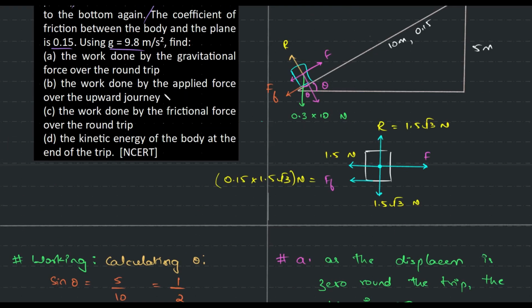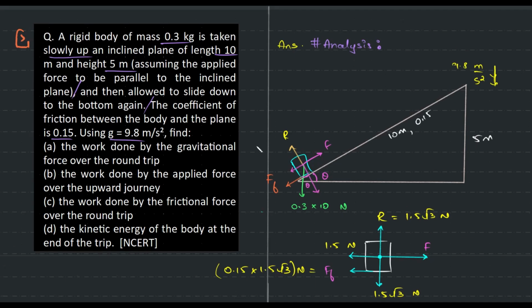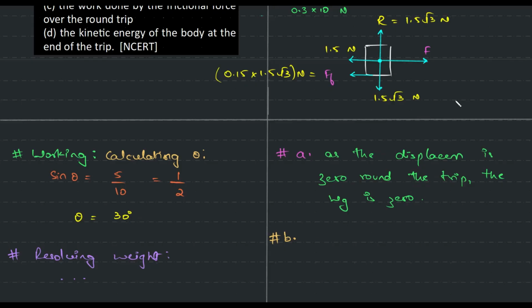The work done by applied force over the upward journey. So there's no actual value given, but the clue is over here. Even I was stuck a bit initially. I reread the question. They gave the clue as slowly up. So for something to be slowly up, with up as positive direction, applying Newton's second law along the slope, what do we have?